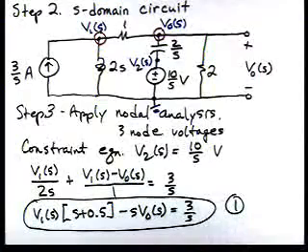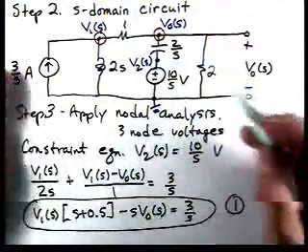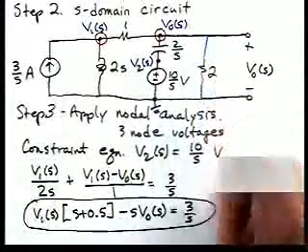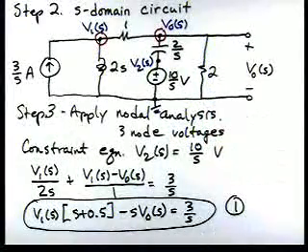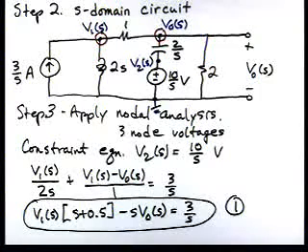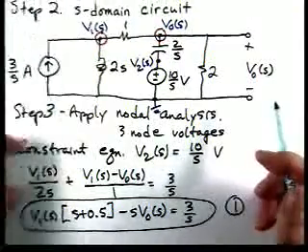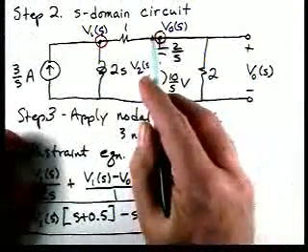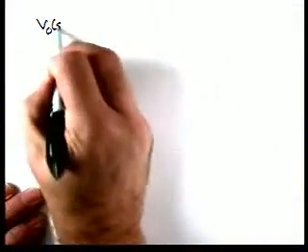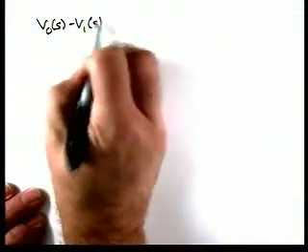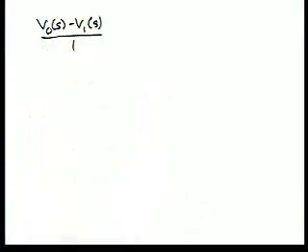Now let's go over and apply KCL at this second node, where we have the node voltage V0. If we look at the different terms, we'll have 1 current leaving through that resistor, so V0 of S minus V1 of S over 1.